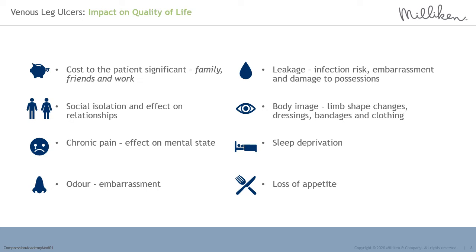How venous leg ulcers affect the individual is a very personal experience, and this list is not exhaustive. Cost to the individual is both monetary and social. The patient may lose income or have to change their career completely. For example, in hospitality or catering, where open wounds will pose a health risk, they may lose their role.